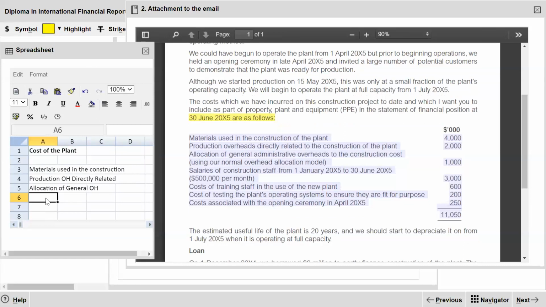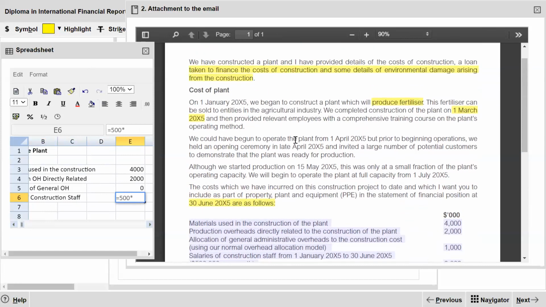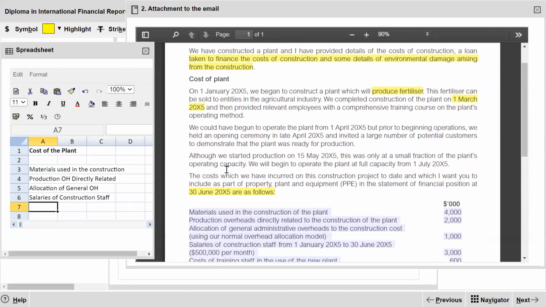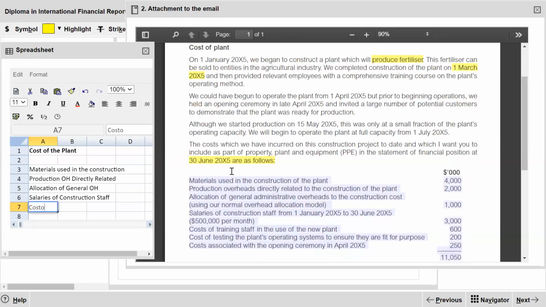Allocation of salaries of construction staff: 500 is the salary per month, multiplied by January and February, since the plant was completed on the 1st of March. So it's 2 months that you need to capitalize. Then there's the cost of training of staff, which need not be capitalized.